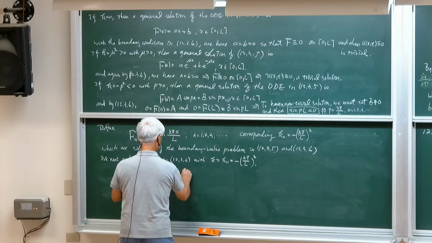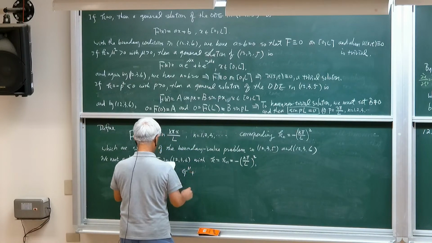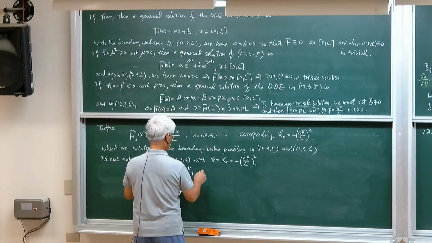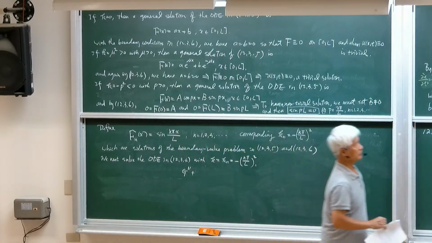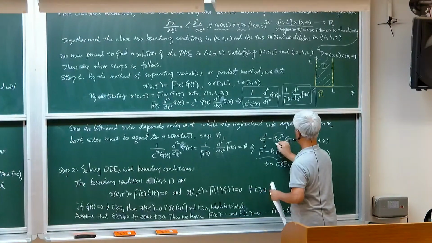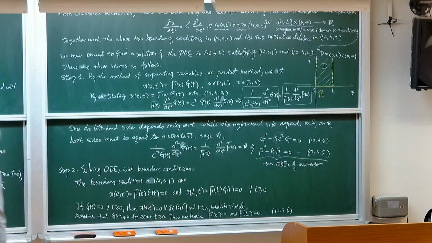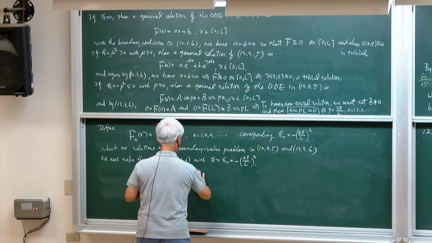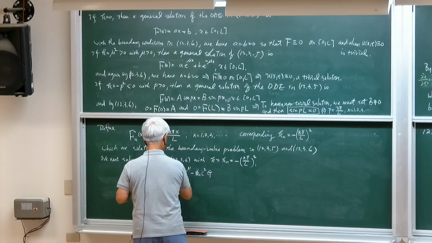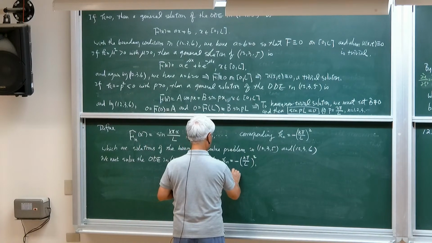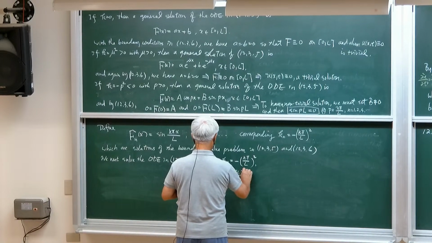So we have g double prime plus, because we have k c square, but k is that number, so now we have minus k c square g, which is plus (n pi c divided by L) square g.